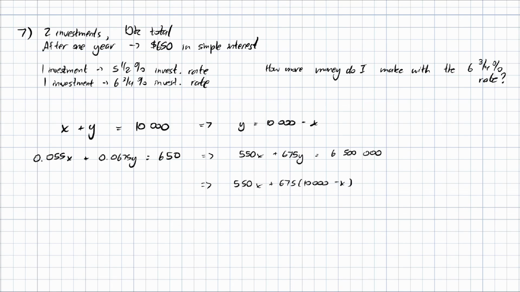Minus x equals 65 and so on, right? So I know that I have 550x minus 675x plus this really big number minus this other really big number.